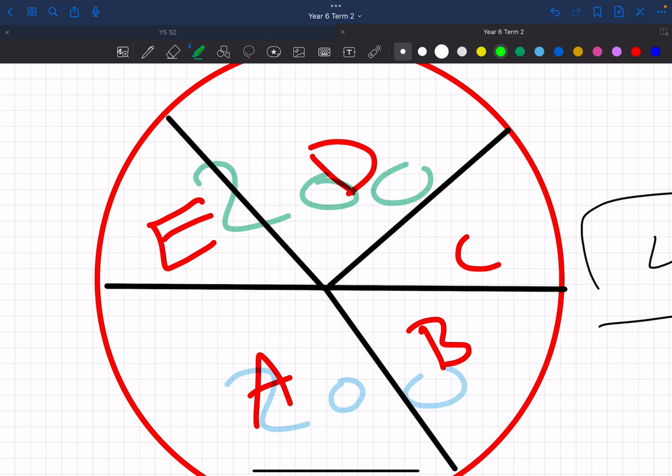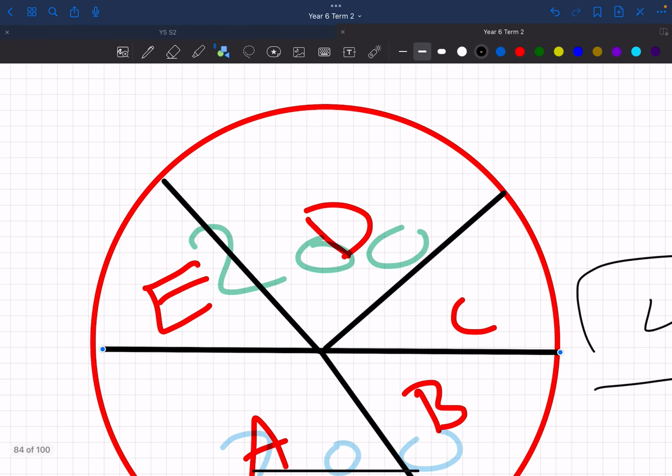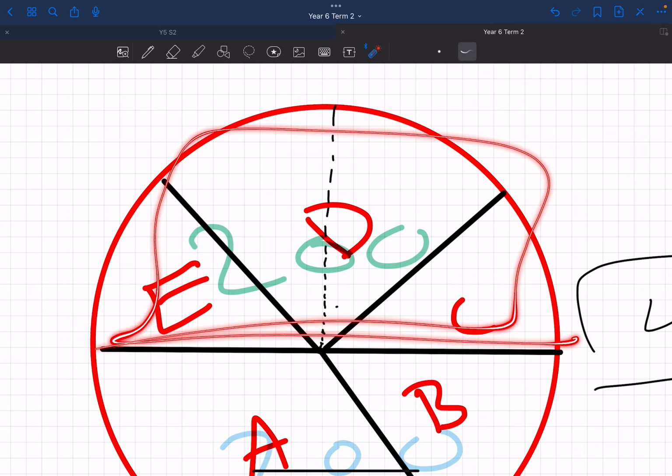These look like quarters, but this looks like a half. So what do I need to do? I need to separate it. Let's imagine this separated. Now it's quarters. How many quarters? Of course, 4 quarters. So imagine this as 200, all of it.